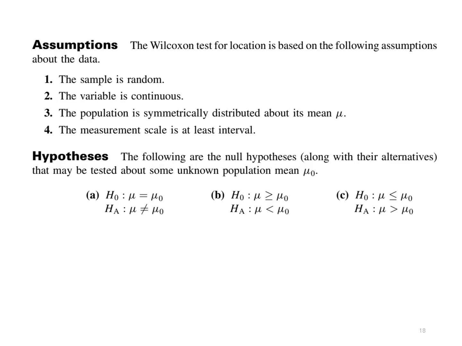Okay, so in this case also we need some assumptions. The sample is a random sample. All the variables are measured on a continuous scale, and the population is symmetrically distributed around this mean mu.